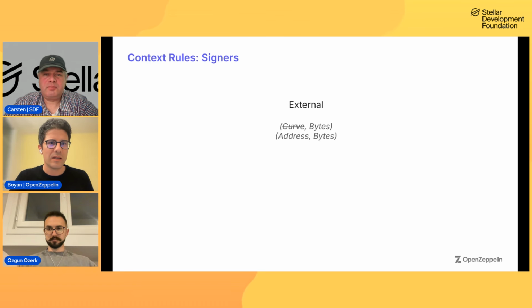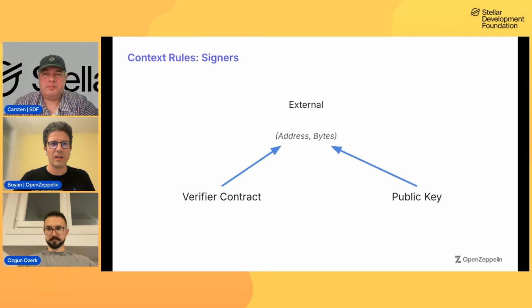This pushed us to adopt a way more flexible and scalable approach that is outsourcing and externalizing all types of signature verifications. So we have a verifier contract that stands for this address, and the public key that is the bytes.